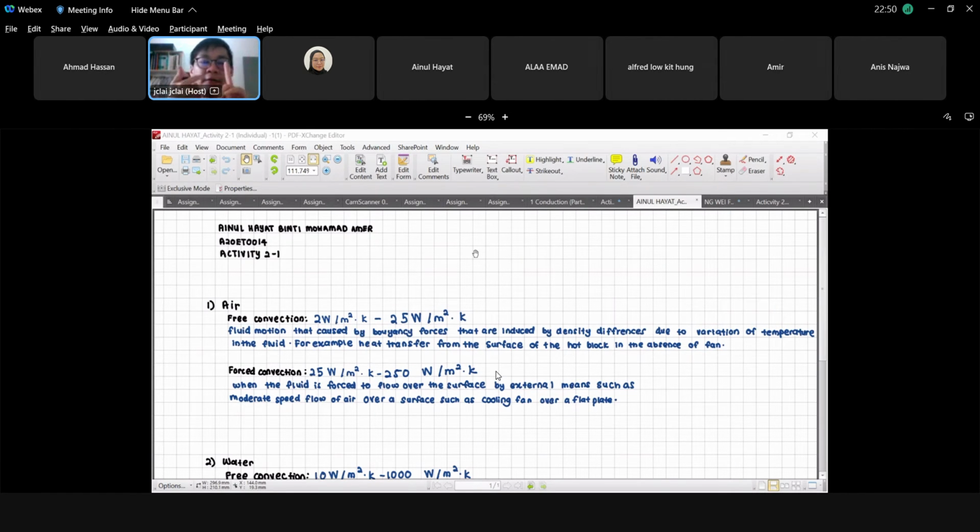If it is free convection under this kind of situation, maybe the value is around 10 watt per meter square per Kelvin. Or if you want to estimate a range, under this kind of natural convection situation, what would be the maximum possible H value?